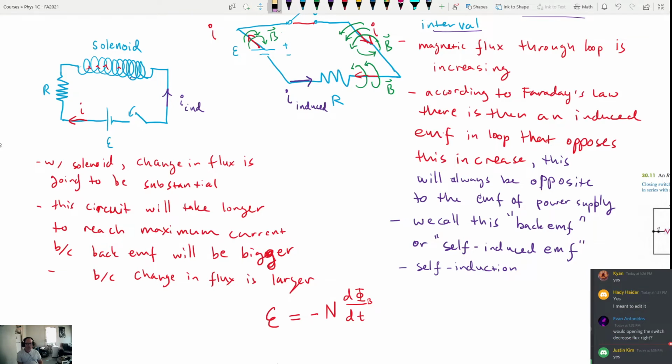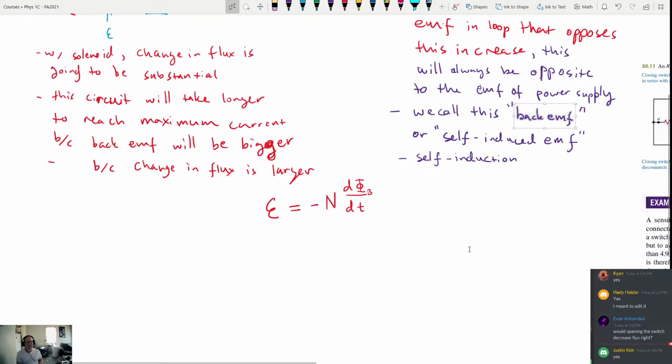Okay, so switching circuits on and off does have an effect on the circuit, and the current does not instantly reach maximum value. So the way we measure this quantity that we call self-induction, and how much back EMF a circuit is going to generate, is through something that's called self-inductance, okay?